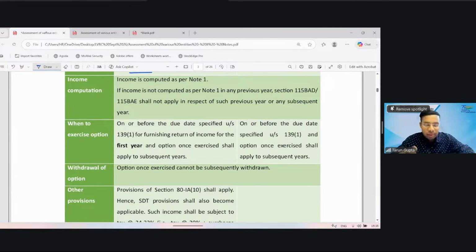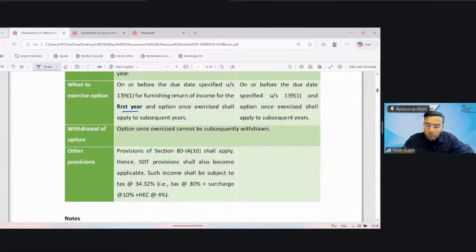This option has to be exercised in the first year itself, in the first year of the cooperative society. If it is not exercised in the first year, then it cannot be exercised subsequently. That's all. But if you have exercised this in the first year, then you will continue with this benefit. Okay. Once exercised, the option cannot be subsequently withdrawn. So if you have once exercised for this concessional tax rate, you continue with this. It cannot be subsequently withdrawn. Okay.